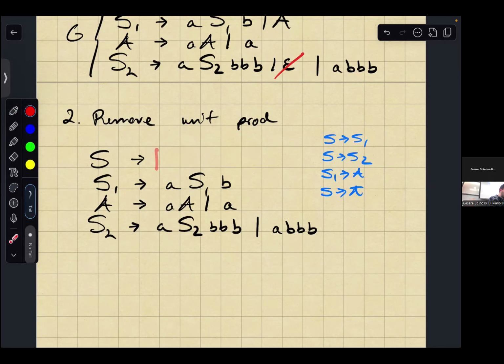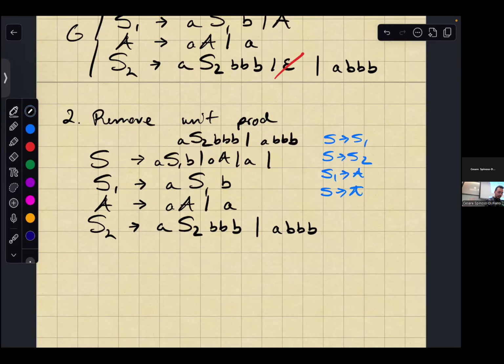For S, I have to add the production rules for S1, S2, and A. That's going to be A, S1, B, AA, and A, and also A, S2, B, B, B, and A, B, B, B. That does it for S. Then for S1, I just have to add the production rules for A, which are AA and A. Now my grammar does not have any unit productions, so that's nice.